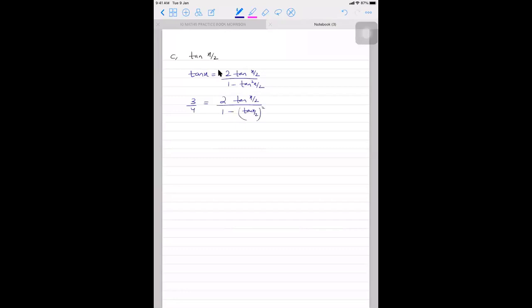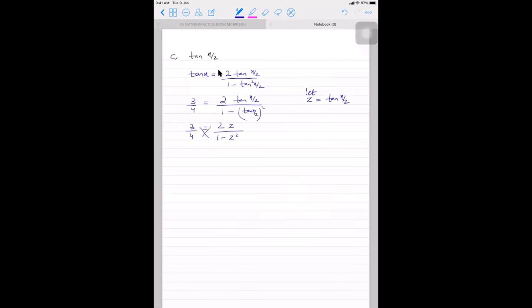Let z equal tan of x upon 2, just to simplify our calculation. So 3 upon 4 equals 2z over 1 minus z square.